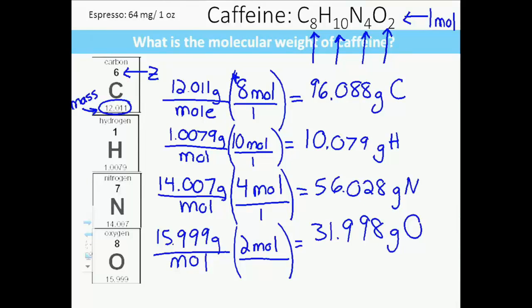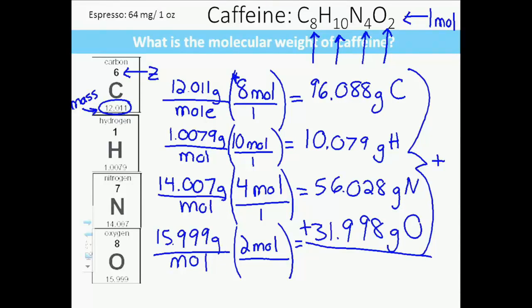So if we add up all of these numbers, what we're doing is figuring out what the mass is of 8 moles of carbon plus 10 moles of hydrogen plus 4 moles of nitrogen plus 2 moles of oxygen, because that will give us the mass of 1 mole of caffeine molecules.